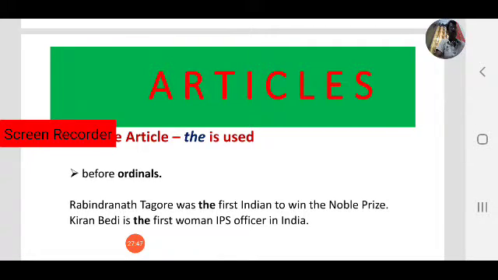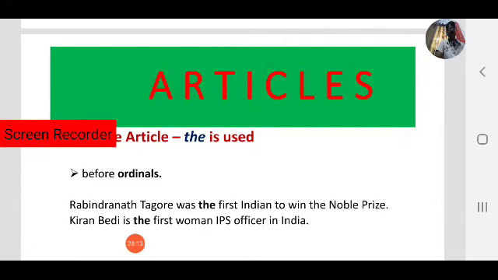What is ordinal? First, second, third, fourth are ordinal numbers. Cardinal numbers are 1, 2, 3, 4, 5. Before all ordinal numbers we use the. This is another rule. Before that we have to know the difference between ordinals and cardinals. Ordinal is first, second, third, fourth, fifth, sixth, like that.